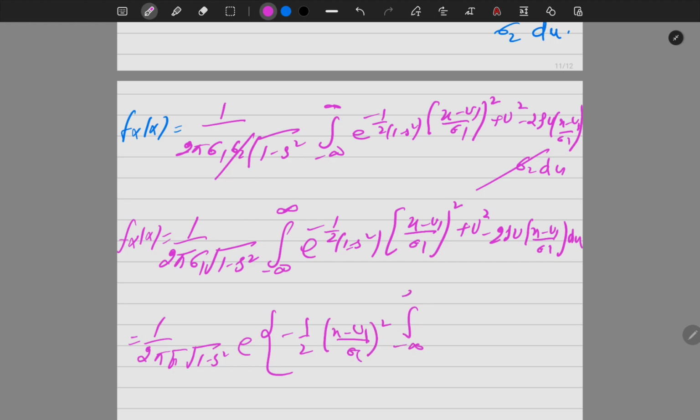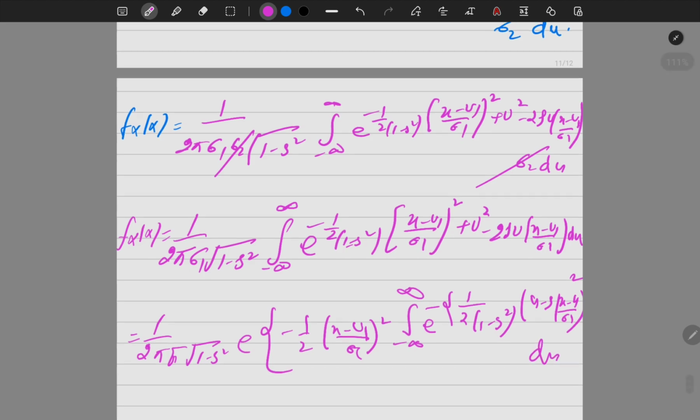Then again, integrating from minus infinity to infinity, we take this common, and this is in the exponent, e raised to the power minus 1/2, and then similarly this, 1/2 (1 minus rho square) (u minus rho (x minus mu 1) upon sigma 1) whole square, into du, right?